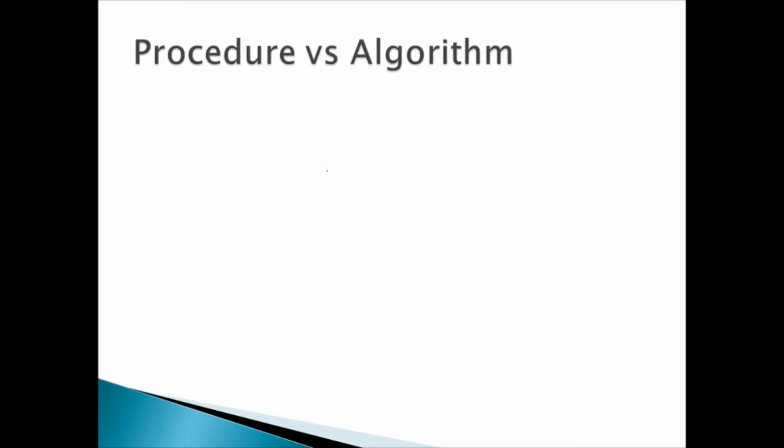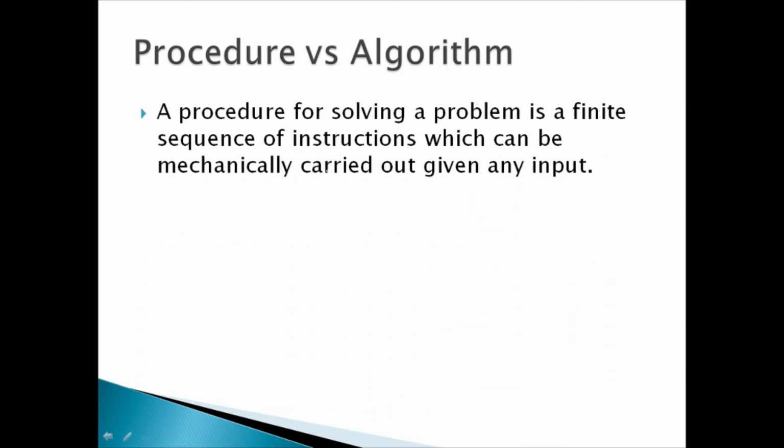Now, what exactly is the difference between a procedure and an algorithm? Let us understand. A procedure is nothing but a finite sequence of instructions that can be mechanically carried out over a given input.